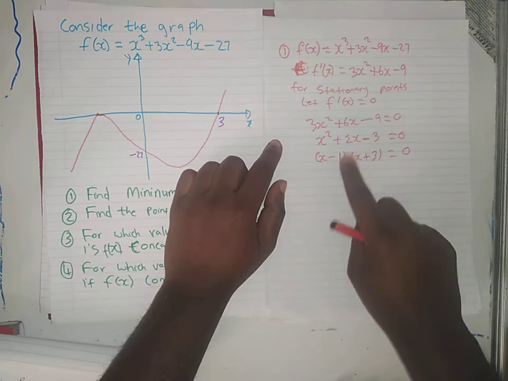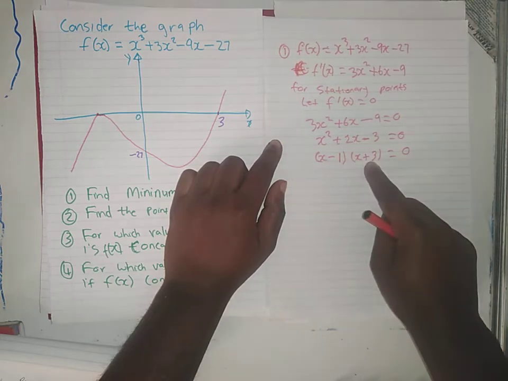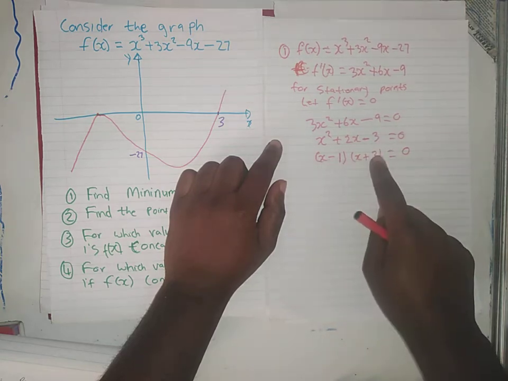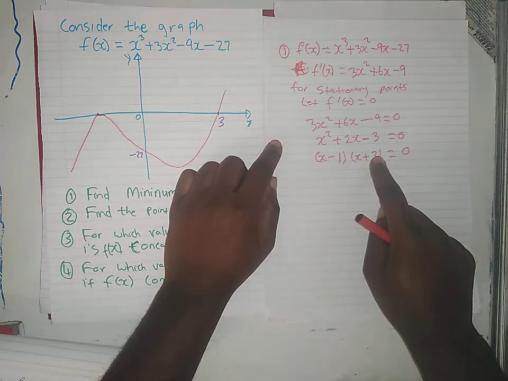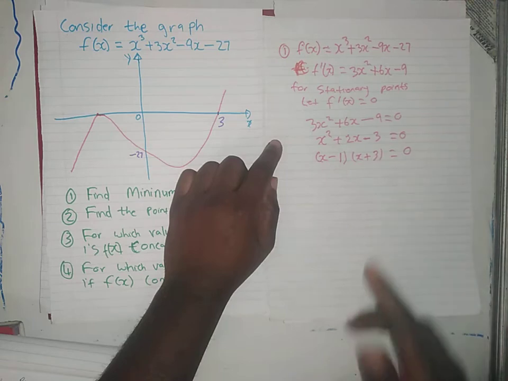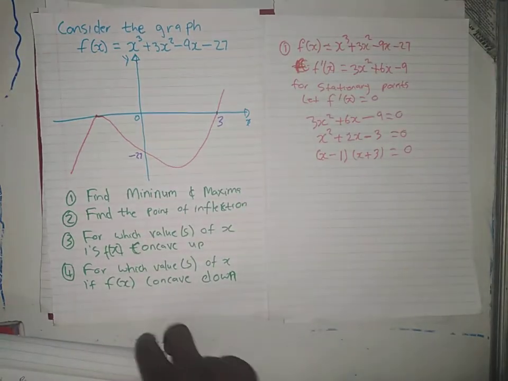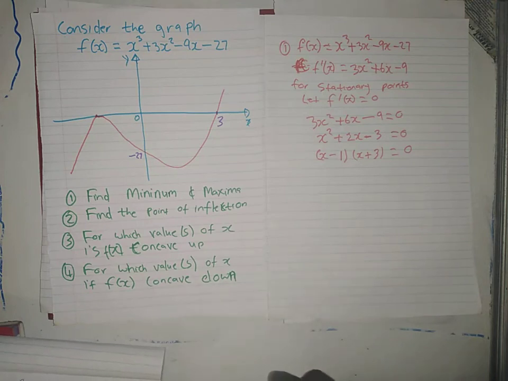So it does give me this, and then minus 3 times 1 gives this one. You can try this using the FOIL method. I just use my eyes quickly because I'm used to it. So what do you get? x minus 1 and x plus 3 is equal to 0.